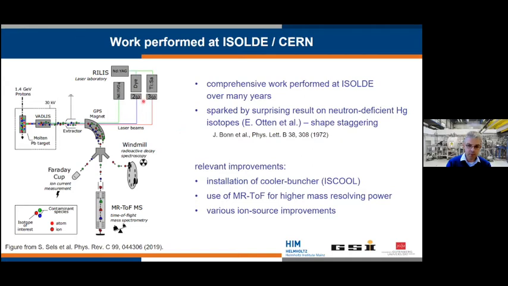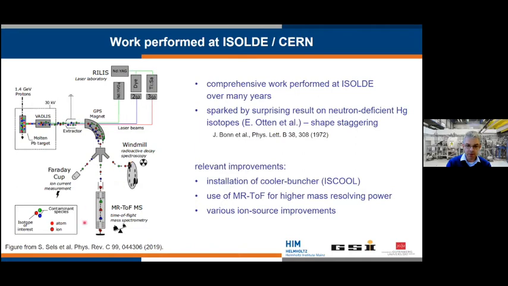Of course, there has been a lot of work done on the laser system for the laser ion source. There have been some developments on the different types of ion sources also, but I will not go into the details. But I wanted to mention the addition on the detection side. One thing that has been used quite often is the windmill, more or less introduced by the Leuven colleagues, where you have the possibility to detect radioactive decays.